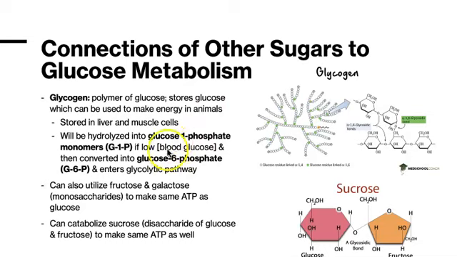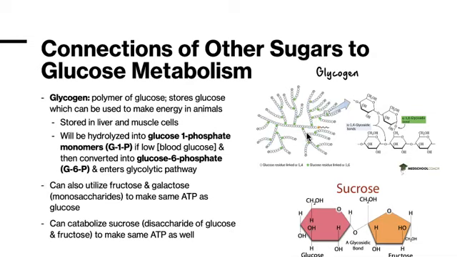And so if we didn't have low blood glucose, we would of course just take the glucose we already have within our blood. But anytime we see that we have low blood glucose, we're going to call upon glycogen to supply the glucose. Now, on the other side of this, if we have excess glucose, then we are going to take those glucose molecules and bind them together, create glycogen, and store that in the liver and the muscle.